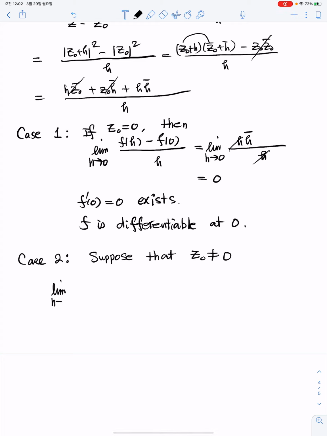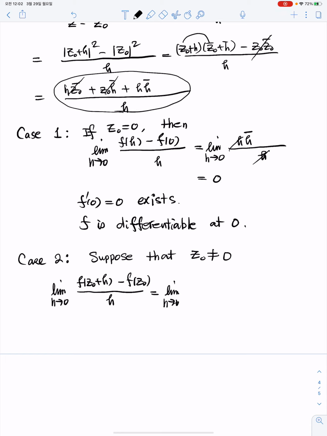We want to compute f(z0 plus h) minus f(z0) over h, as h goes to 0. Here this is z0 conjugate plus z0 h conjugate over h, plus h conjugate.